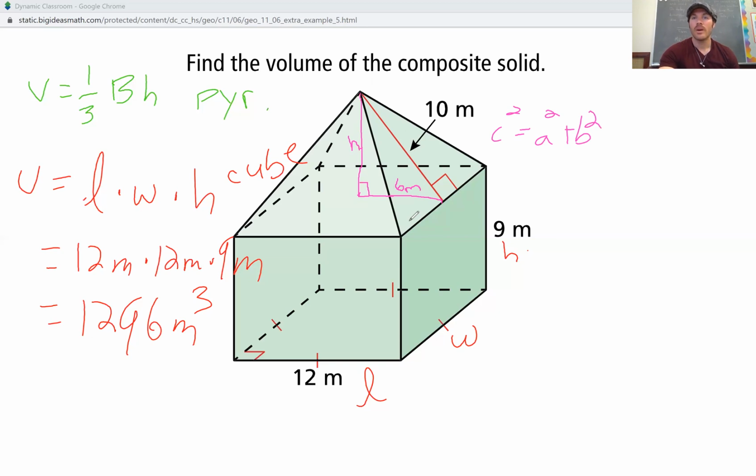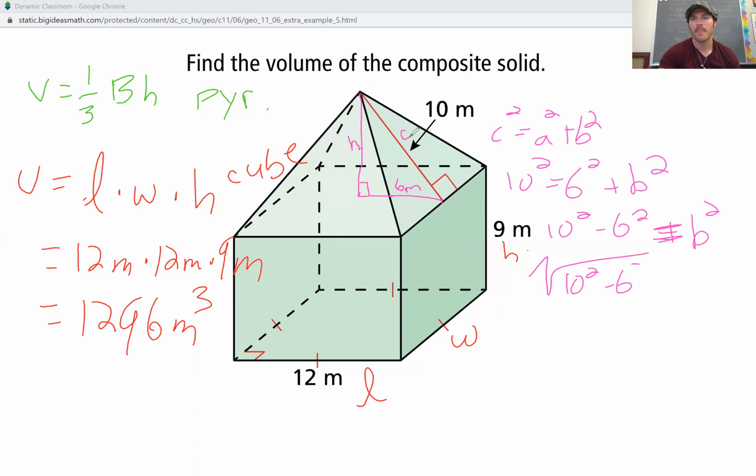Now, c is always going to be the hypotenuse, which is the longer side. So this is c, which is 10. 10 squared equals a squared, 6 squared, plus our unknown. All right. And so we're going to have 10 squared minus 6 squared equals b squared, and then the square root gives you b.